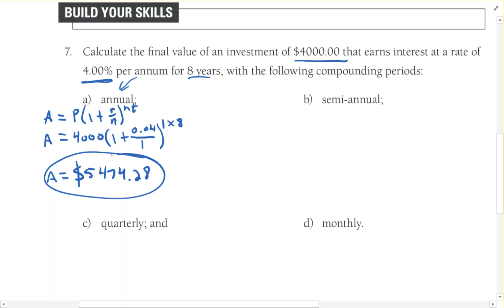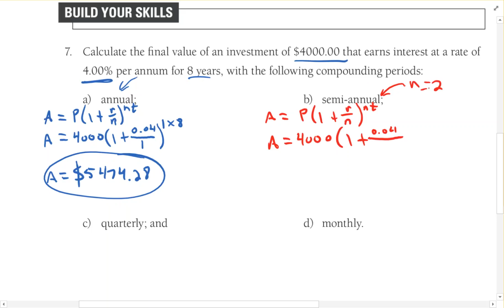All right, so I'll start you guys off for B here, and then let you finish the other ones. For B, we're going to say A is equal to P times 1 plus R over N, to the power N times T. That's going to be 4,000 for all of them. 1 plus, the interest rate's the same, 0.04. And now the thing that changes here, semi-annually, remember what that means?